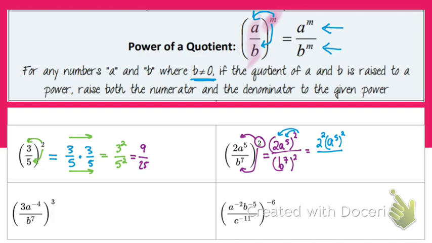In the denominator, I have a power to a power, where I multiply the exponents. In the numerator, again, I can simplify the 2 squared to 4. And then finally here, I have the a to the 5th to the 2nd power. That's the power to a power, and I multiply those exponents to get a to the 10th. So then this is my final solution.